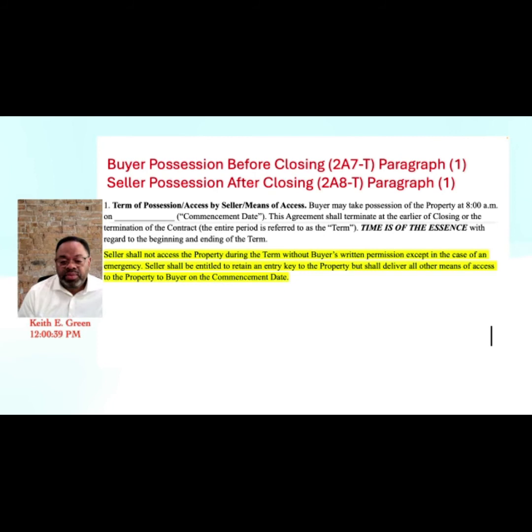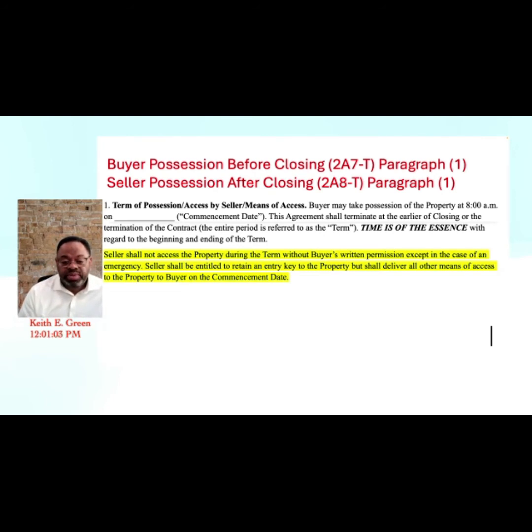Regarding access to the property, once the property is closed upon, the seller needs to provide the buyer with the key and any access materials they had prior to closing, okay?